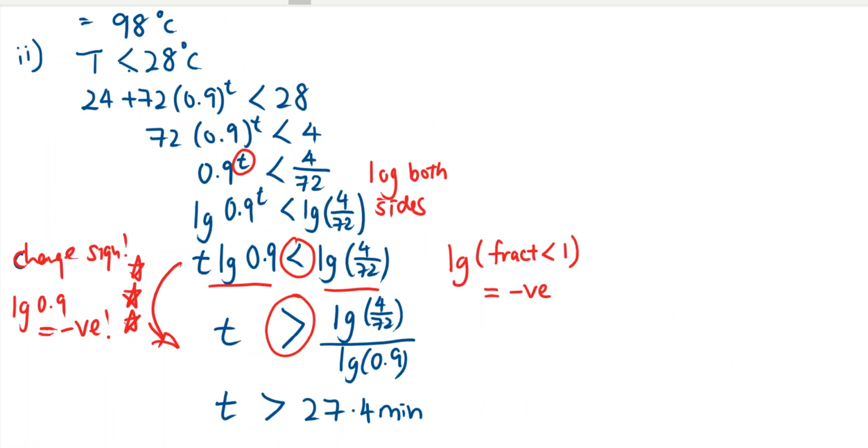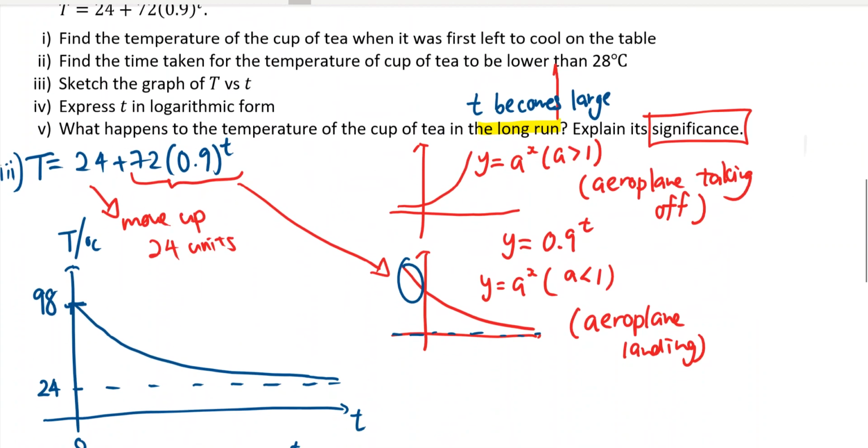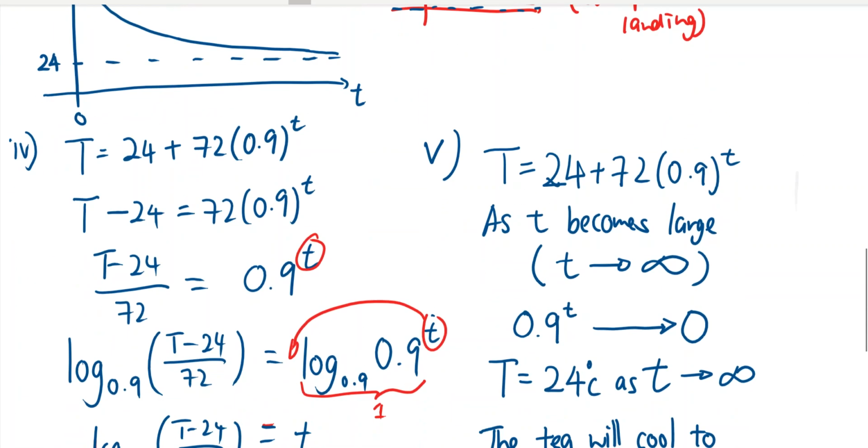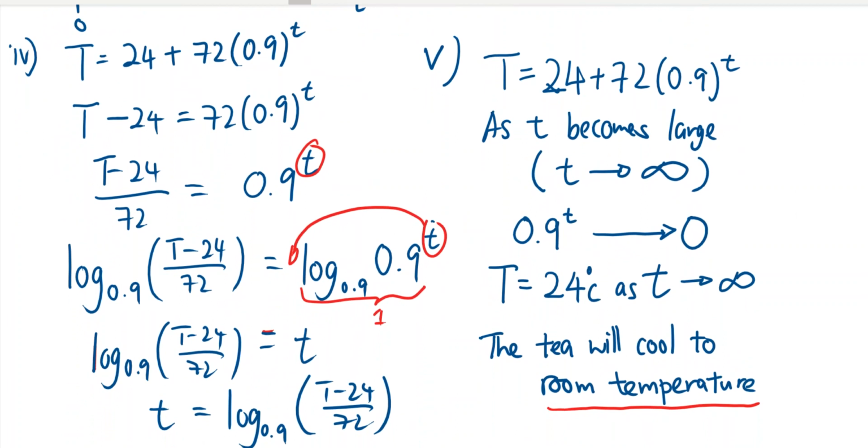The important thing is when you divide by a log of a fraction, you have to flip the sign of the inequality. The third part talks about the graph. Knowing how the mother graph looks is very important. Moving the asymptote up is very important. And then next, as t goes to infinity or t becomes very large, what would the behavior of the whole formula be like? These are the things that you have to know, and good luck.